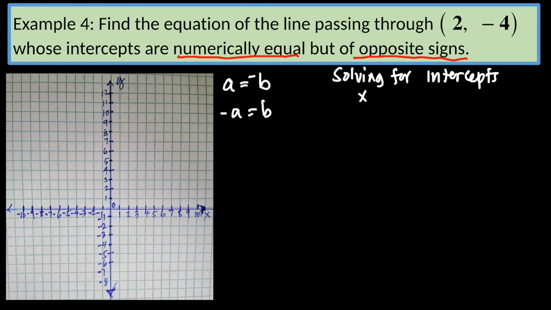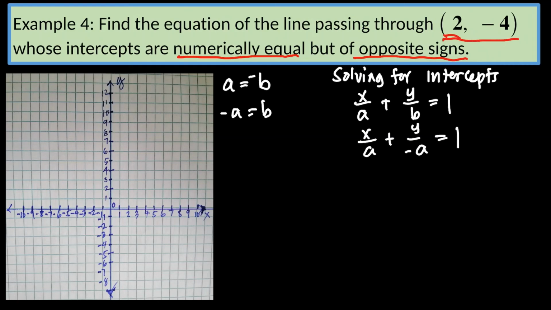Okay, so we have x over a plus y over b equals 1. And so this will be x over a plus y over negative a equals 1, since they are numerically equal but of opposite signs. Alright, but since the line passes through the point 2 and negative 4, we can substitute the values in our equation.